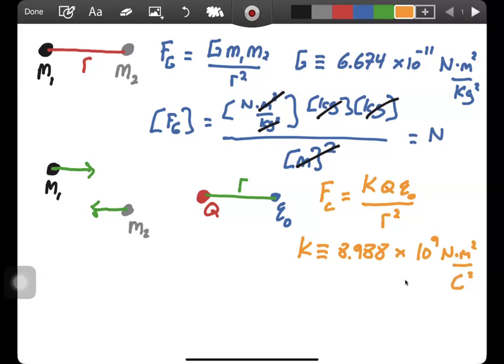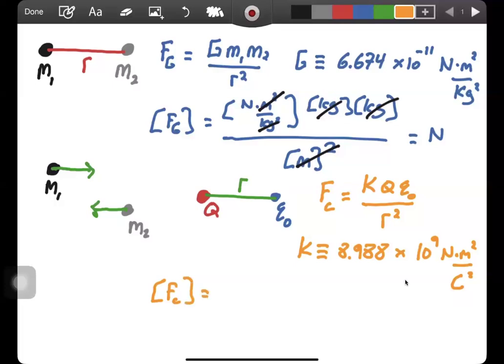If you look up in the right with the blue with the gravitational constant and then look at the K in the orange, do you see some similarities there in terms of units? The numbers are different, but do you see some similarities in terms of units? Let's do a dimensional analysis for the Coulomb force.